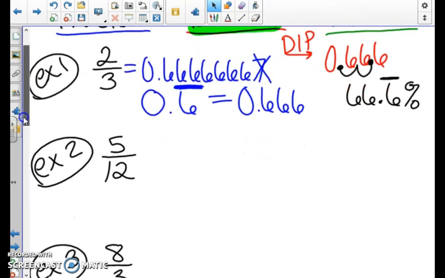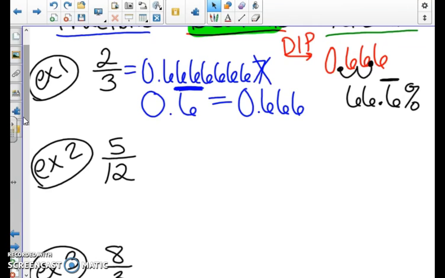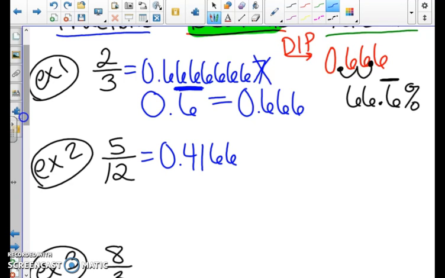All right, if we are given 5/12, exact same thing in your calculator, 5 divided by 12, enter, and we will get 0.4166 and so forth, okay? We only need to go to the nearest thousandth, so 3 decimal places, so I'm just going to go ahead and stop it right there, okay?